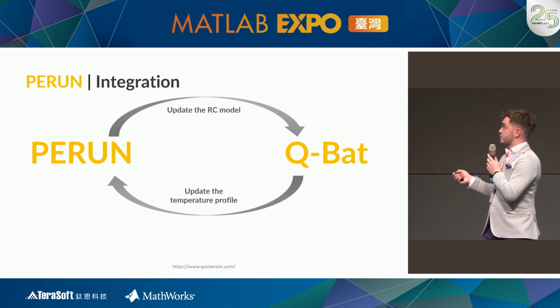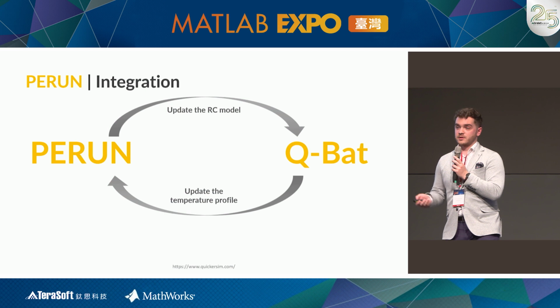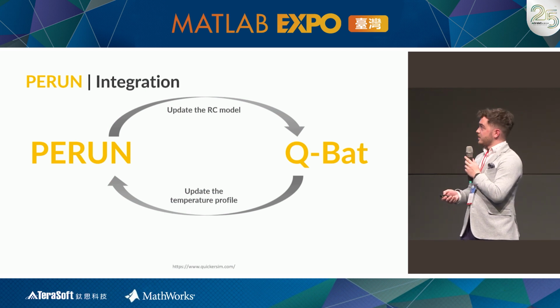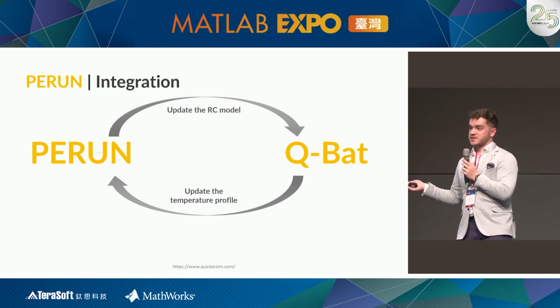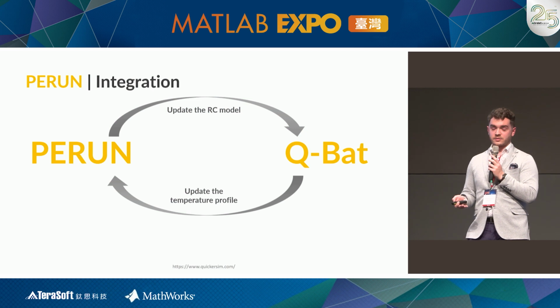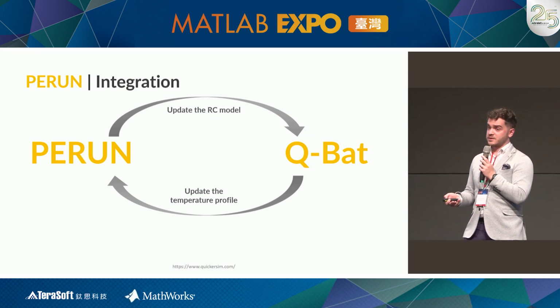Then, using Cubot, you can import that thermal profile into Piran. And then in Piran, you can simulate how the battery will degrade for a couple of 100 cycles, for example, depending on how often you want to update it.